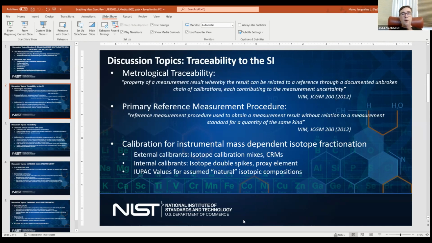So on evaluated isotope data and IUPAC, I would just add one concept. It was all correct and all well described before. IUPAC is representing an evaluated data set on isotopics, and this represents the natural evaluation.